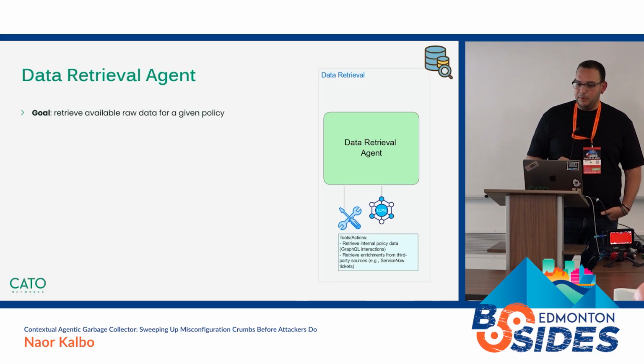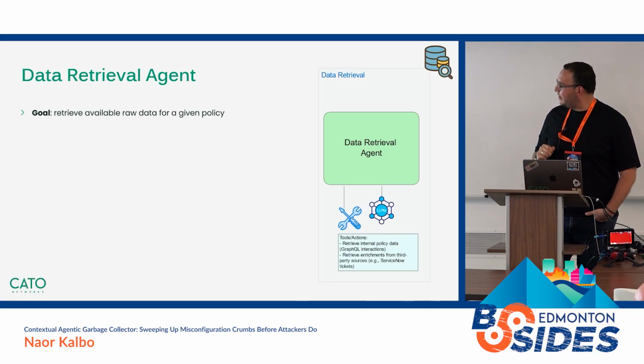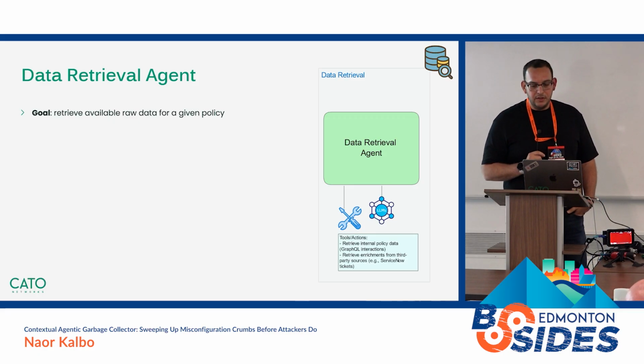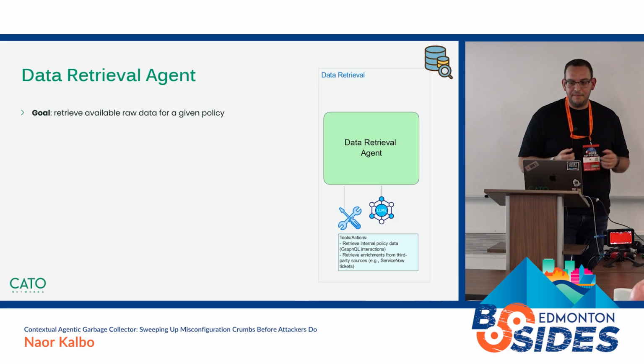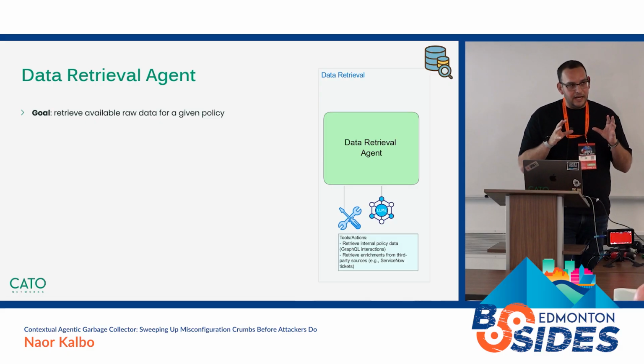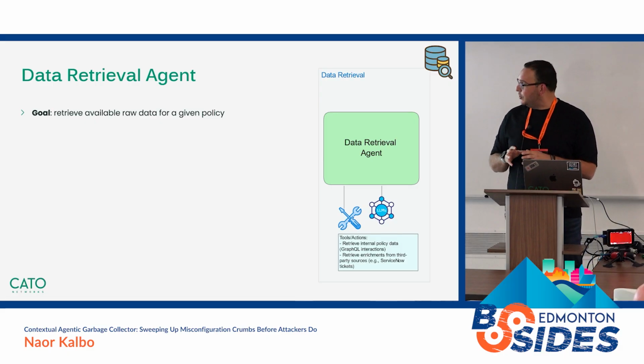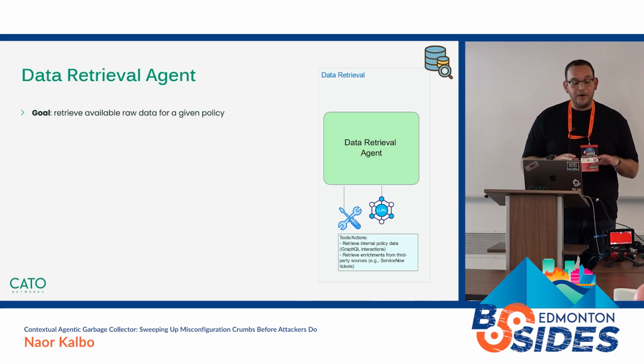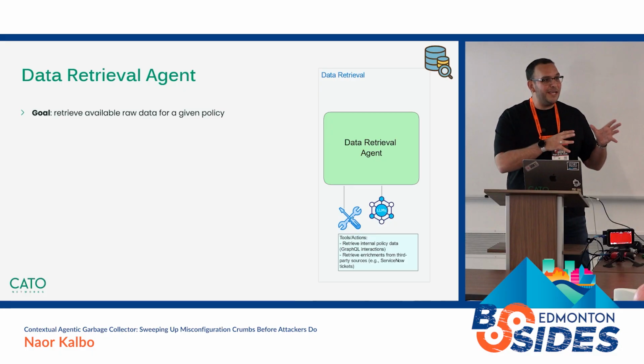The next building block is the data retrieval agent. The data retrieval agent is responsible for data gathering from any given policy in the system, and it does that not only for internal data but also for relevant enrichment that might be external.